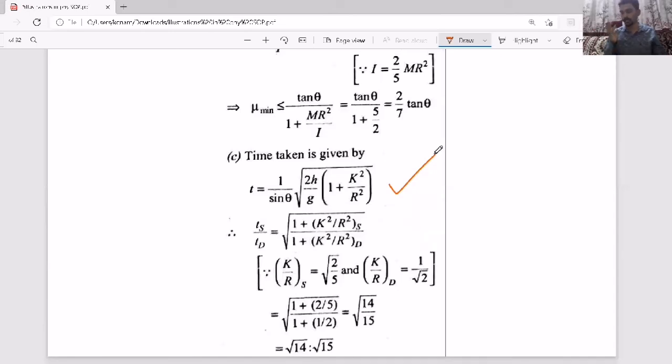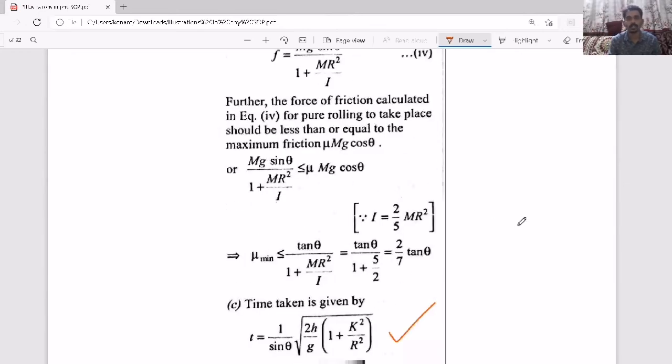Center of mass is one concept. Moment of inertia is another concept. Torque is another concept. Angular momentum is another concept. Rotational motion about a fixed axis is another concept. Rolling motion is another concept. And one last and final thing that I will tell you is conservation of angular momentum.